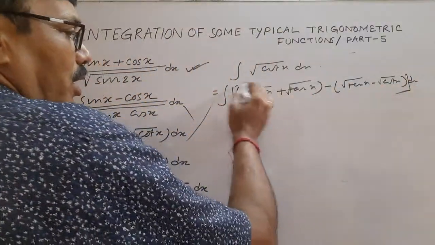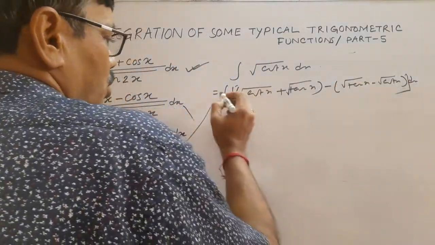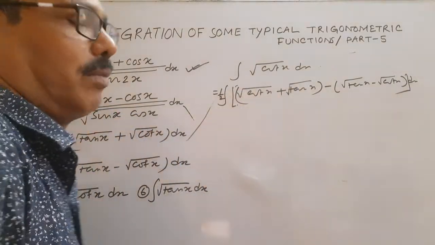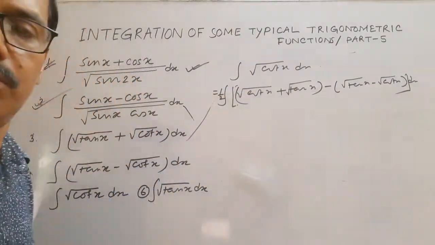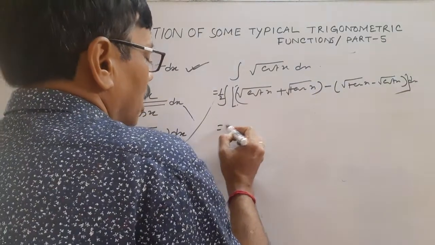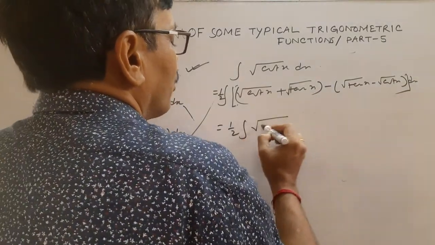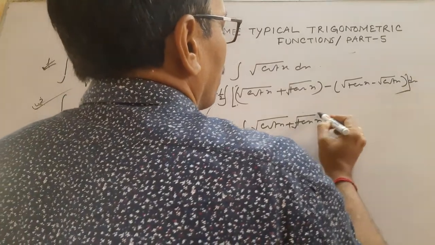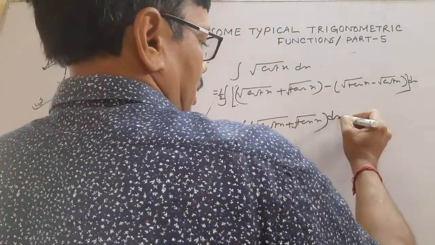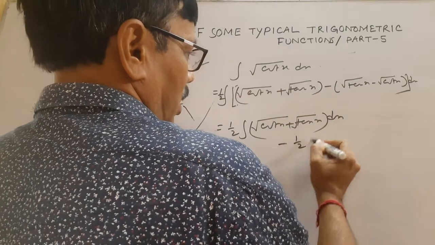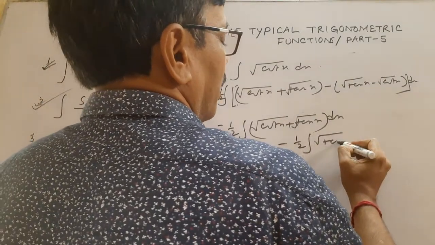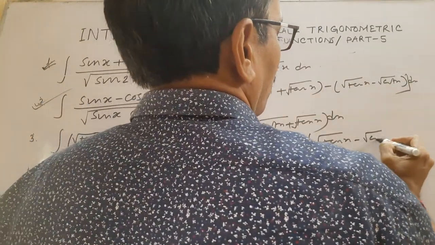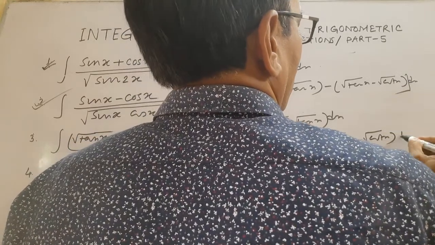So look, tan x cancels; this is 2, balanced by half. Now we can write it as the sum or difference of two integrands: minus root over tan x minus root over cot x dx.